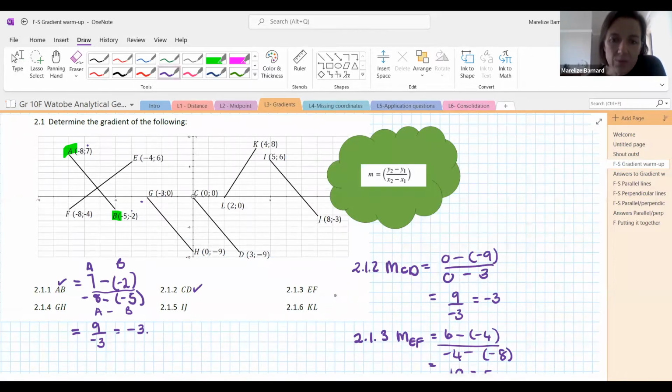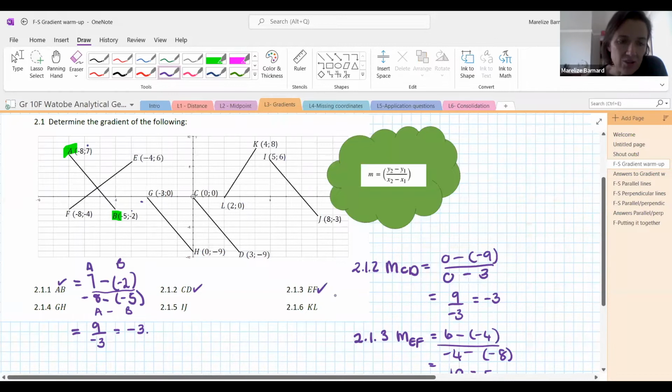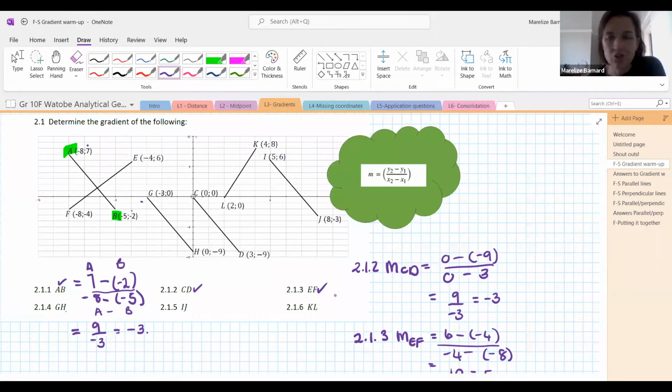Okay, let's do one more question. Let's do 2.1.4 GH. What is the gradient of GH? Pop your answer in the chat when you're done.